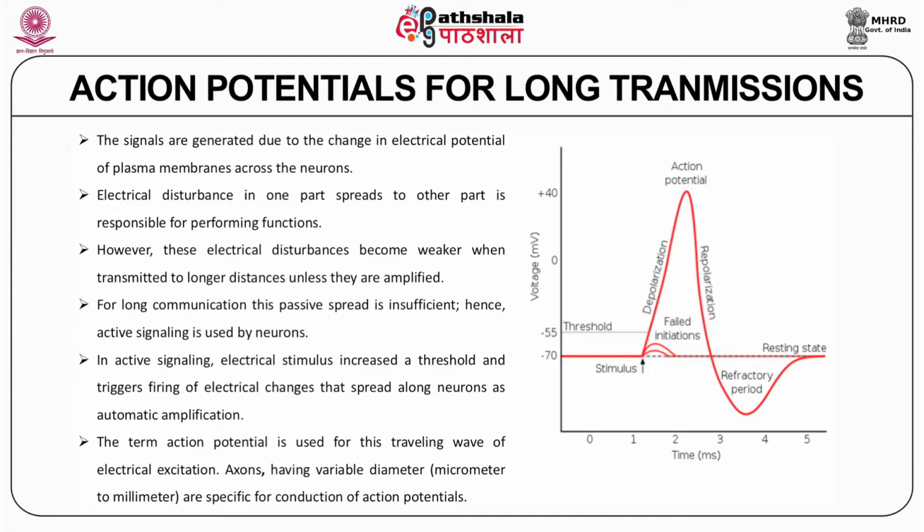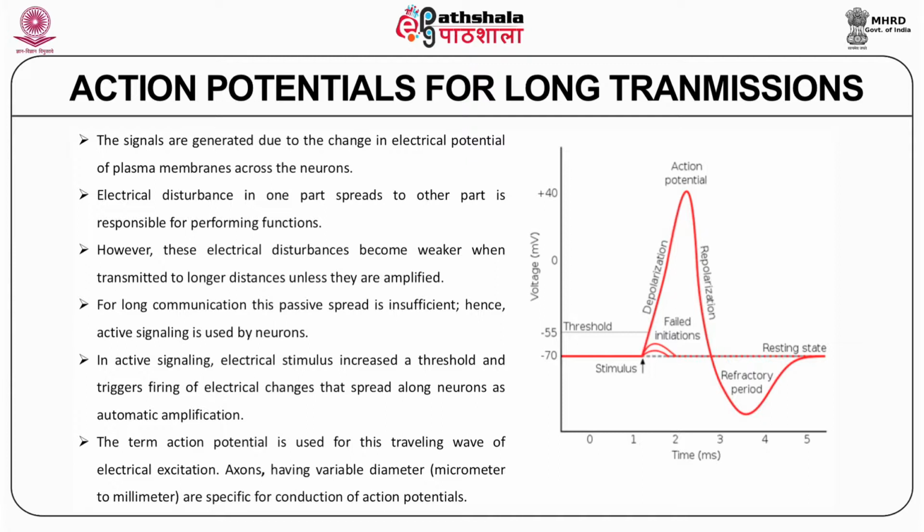Therefore, active signaling is required, which is used by the neurons. In active signaling, an electrical stimulus increased to a threshold triggers firing of electrical changes that spread along the neuron as automatic amplification. The term action potential is used for this traveling wave of electrical excitation.